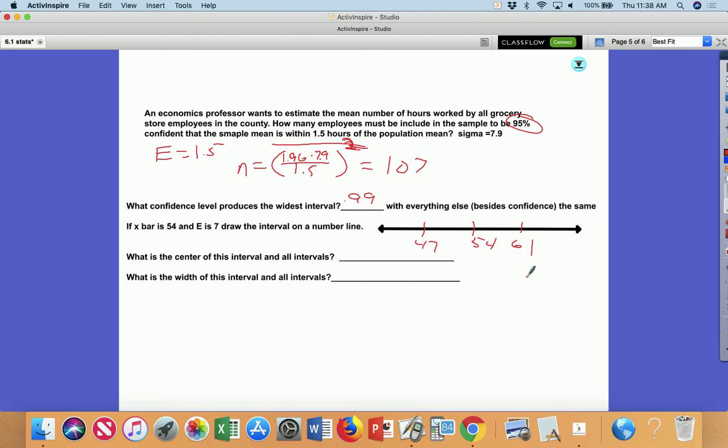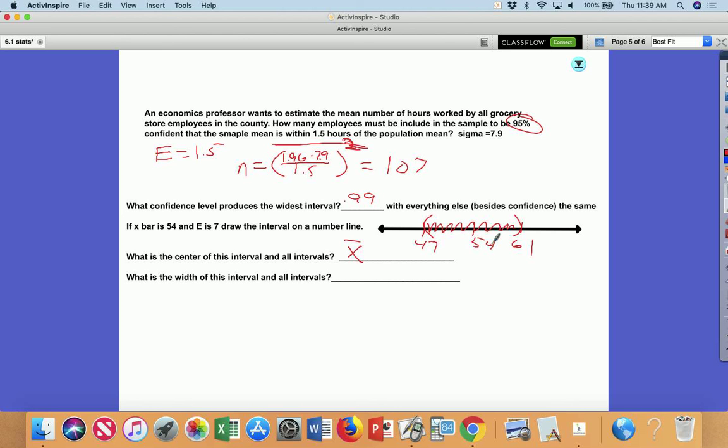So your confidence interval is this here. What's the center of this interval and all intervals? The sample mean. Because you're going to go this guy plus E and this guy minus E. So that middle, that point estimate, is going to be the middle of your confidence interval.